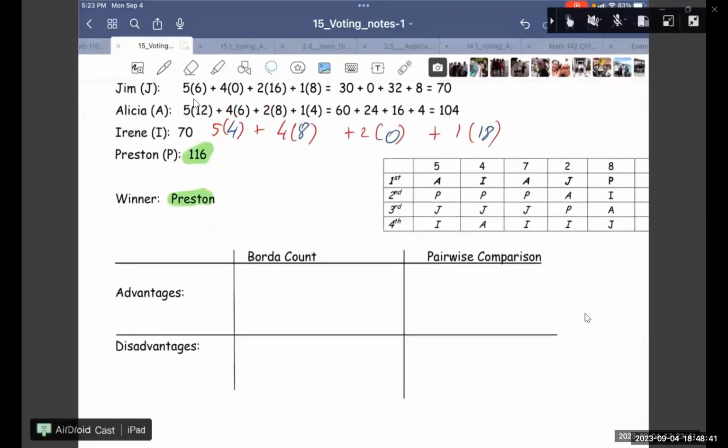And now we go in for the Borda count advantage. So this one is always a winner.